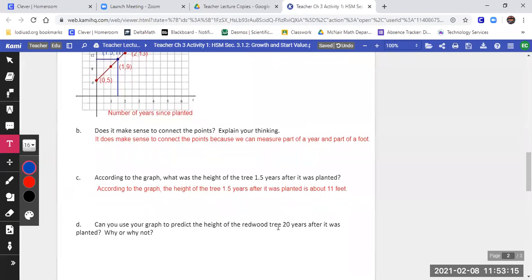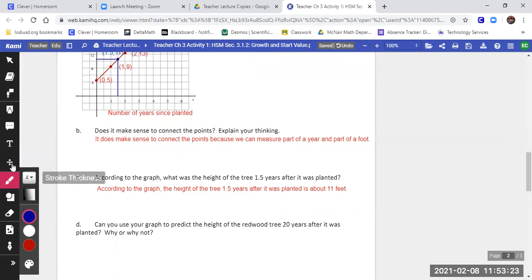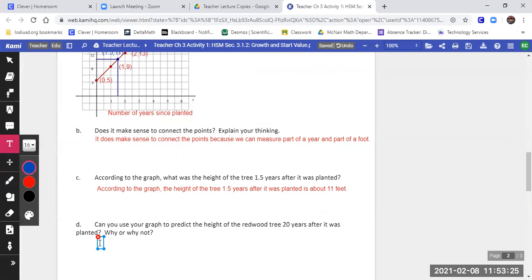Can you use your graph to predict the redwood tree's height after 20 years? Why or why not? Are we going to be able to use this graph to predict 20 years after, like we predicted 1.5 years?